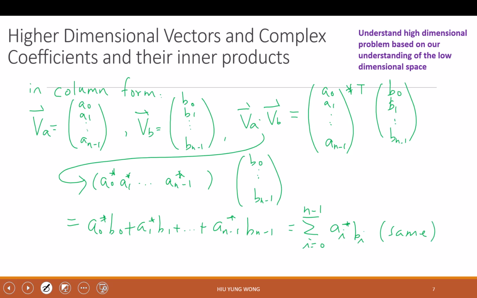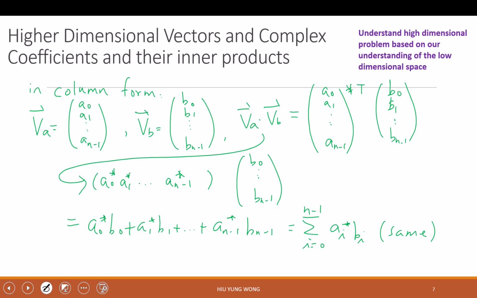Okay, so now we finally established the real definition that we are going to use in this class when we do inner product. You get a vector form, transpose the first one, apply complex conjugate, and then do the matrix multiplication. You need to follow the steps clearly, right? Don't miss any of them.